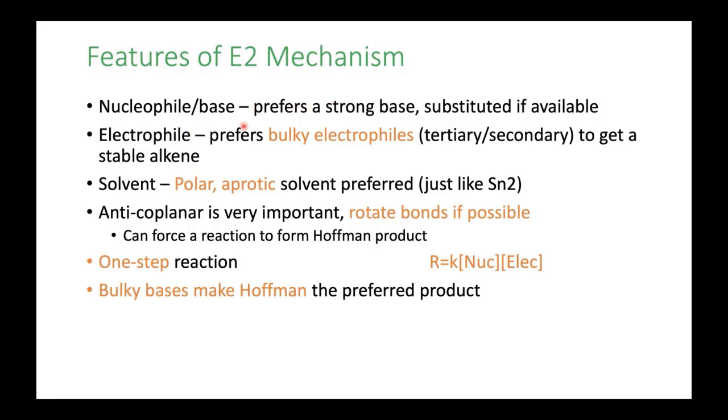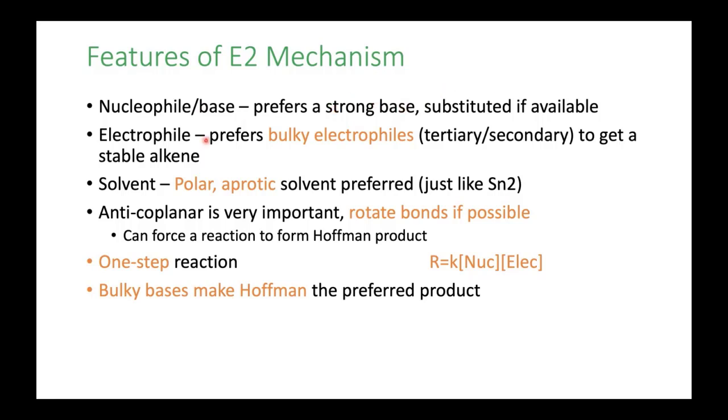Our E2 mechanism, though, is not a backside attack. Instead, it acts a little bit farther away because it's only taking away hydrogen. So that's why it prefers a strong, substituted base if available.